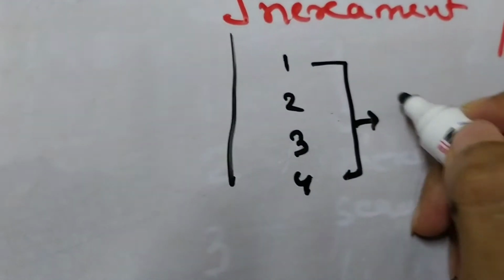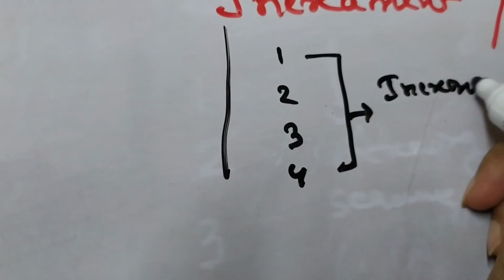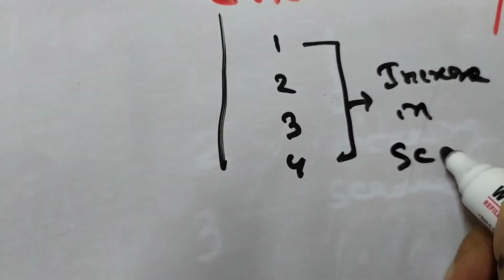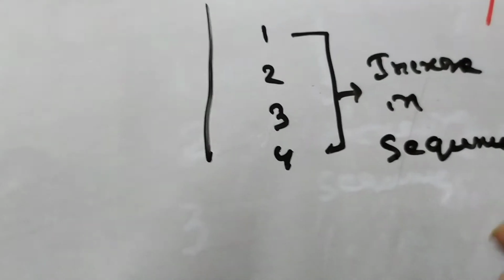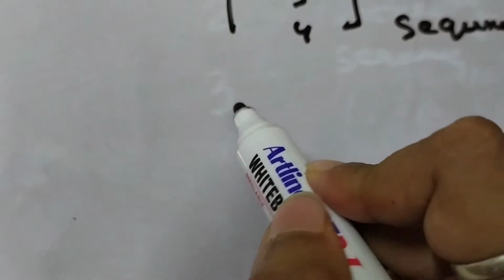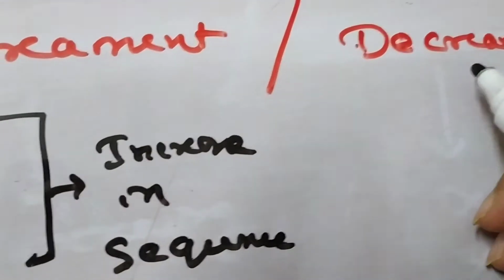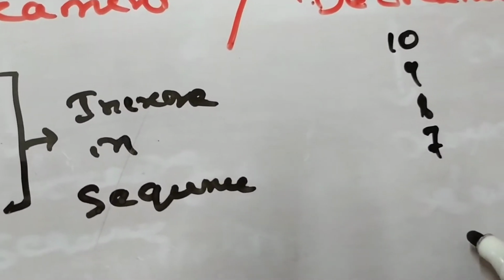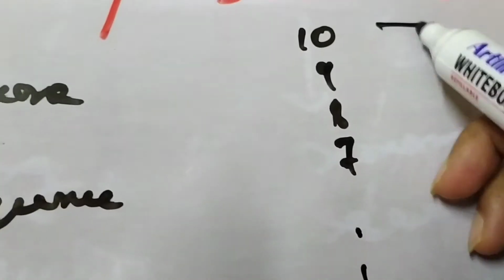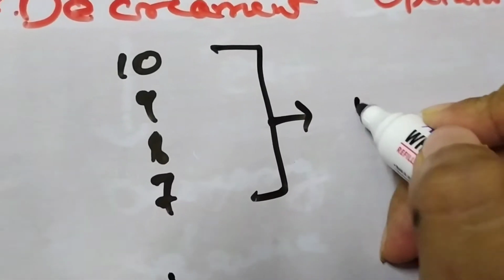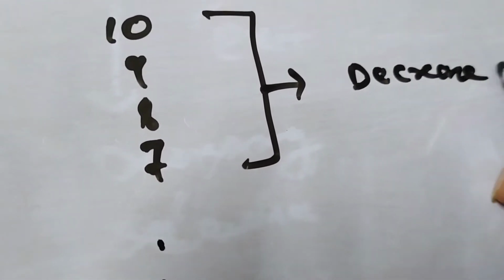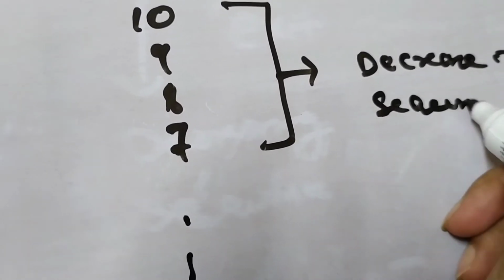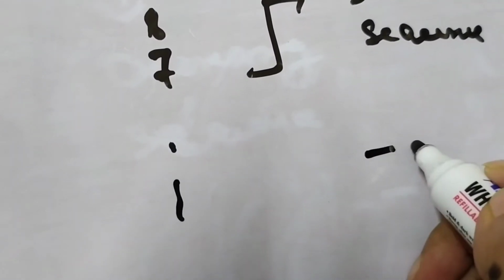That means increase in sequence, and it is designated by two plus signs. Similarly, the decrement operator reduces the value, that is decrease in sequence, and it is designated in C as two consecutive minus signs.